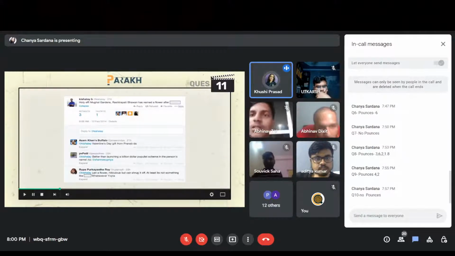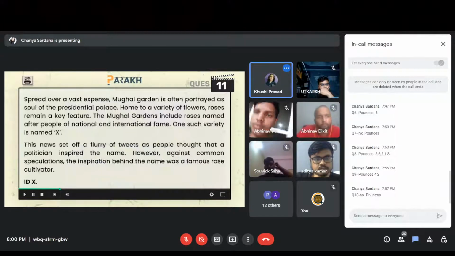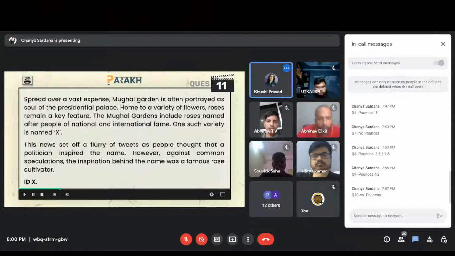So this is basically the reaction of people after knowing that there is a rose in Mughal palace which is named X. So this is direct for team 3. Okay, so team 5 and team 4.